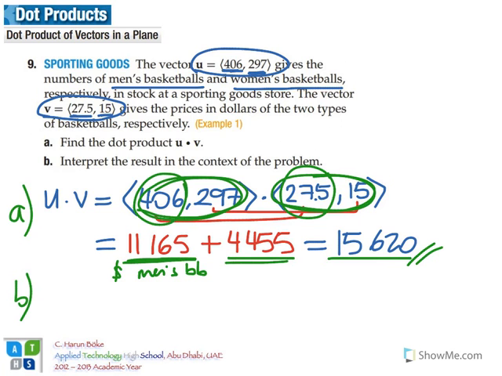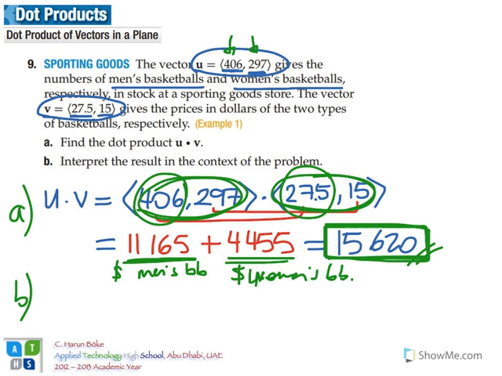And this number is the total price for women's basketballs. So when I add these total prices, I find, say, a grand total that this store can make at most, because these are the numbers of basketballs they have in stock. If they sell all of them, this is the amount that they are going to earn.